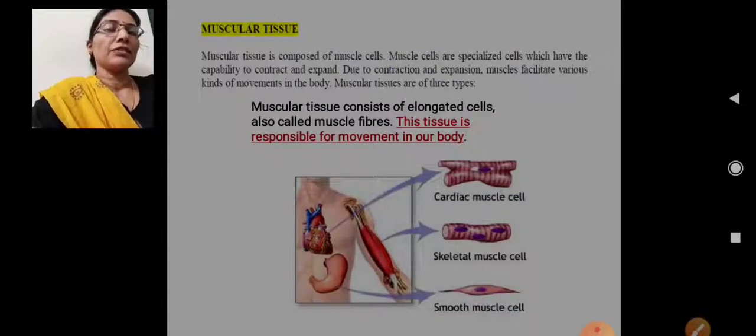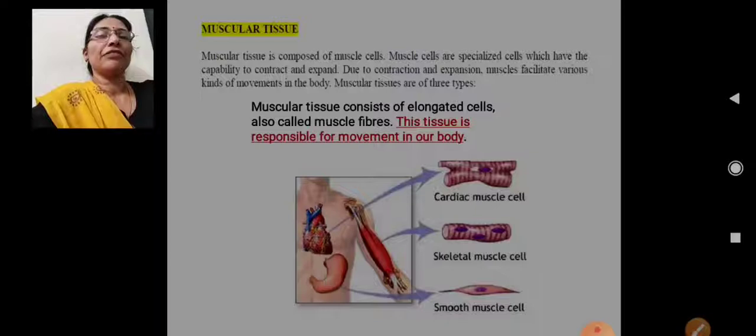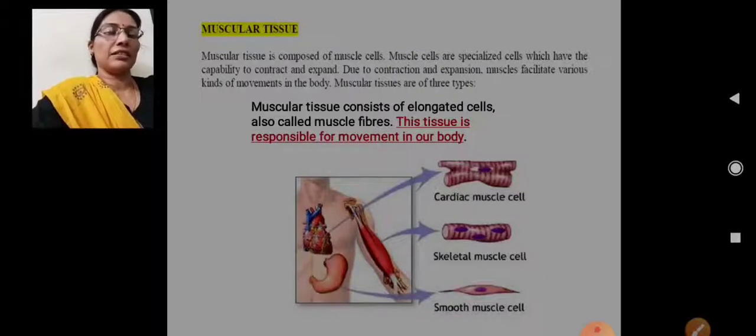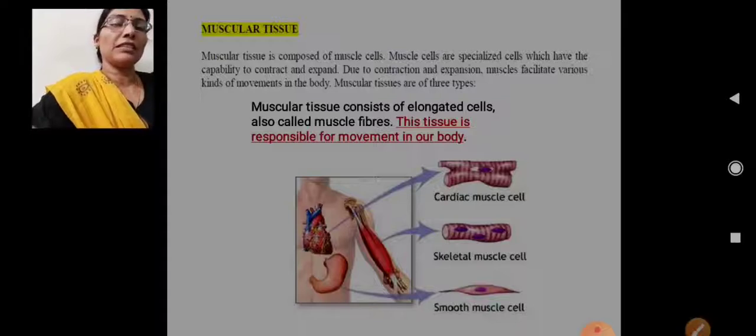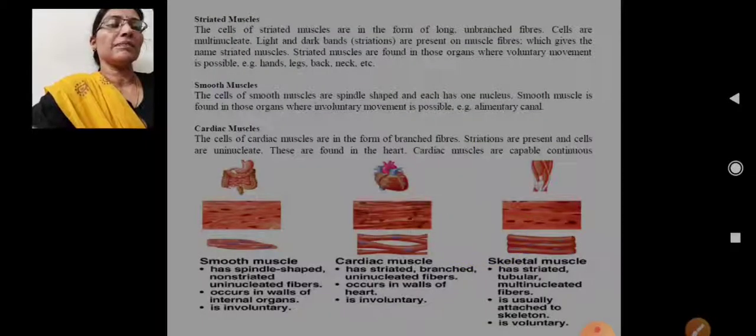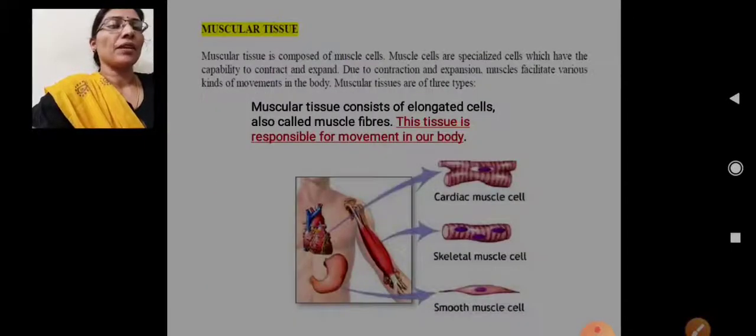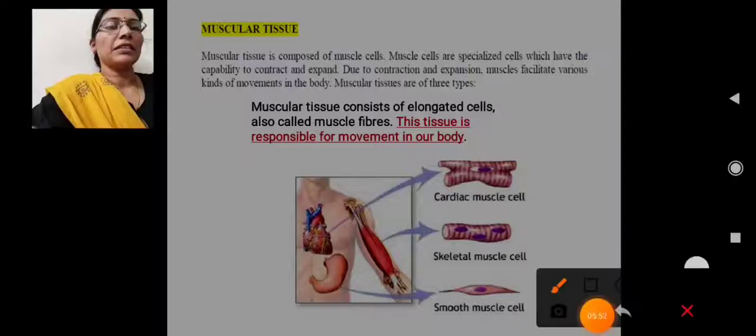Whenever you study the features of skeletal muscles or the other two types of muscles, you can differentiate them. For that you have to know the features of each muscle cell. So first, the skeletal muscle.